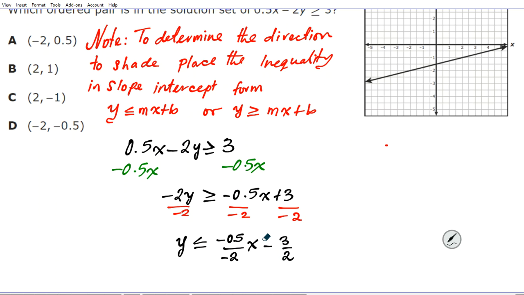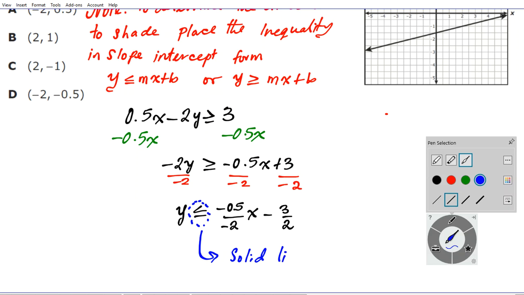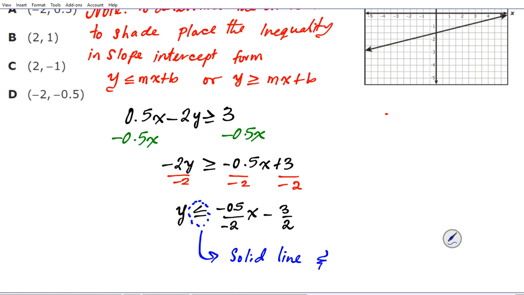Less than or equal to, what does that tell us? This less than or equal to provides us with some very valuable information. It tells us that we're going to have a solid line and we're going to shade below. So what does that mean?